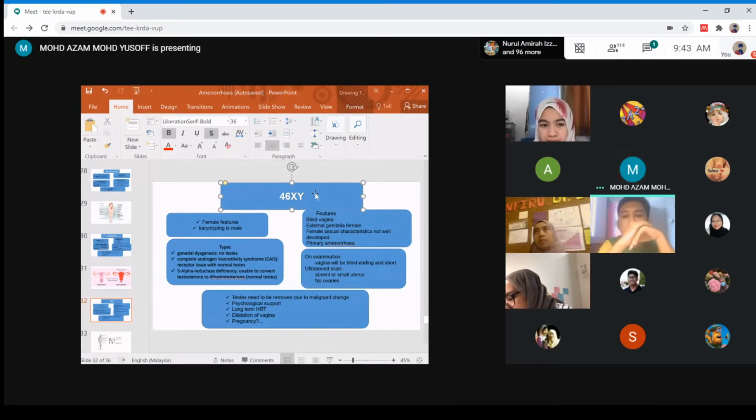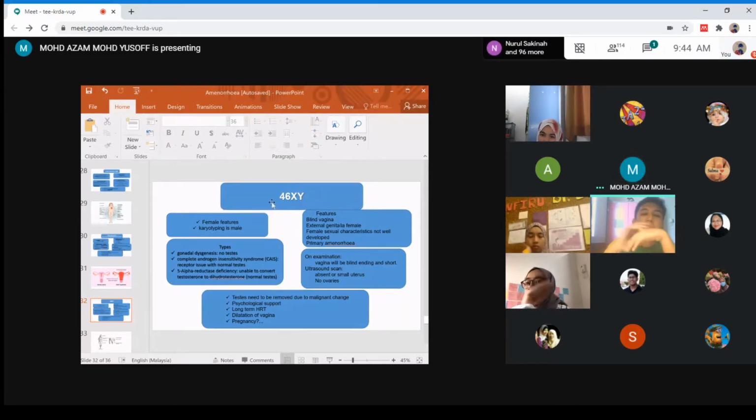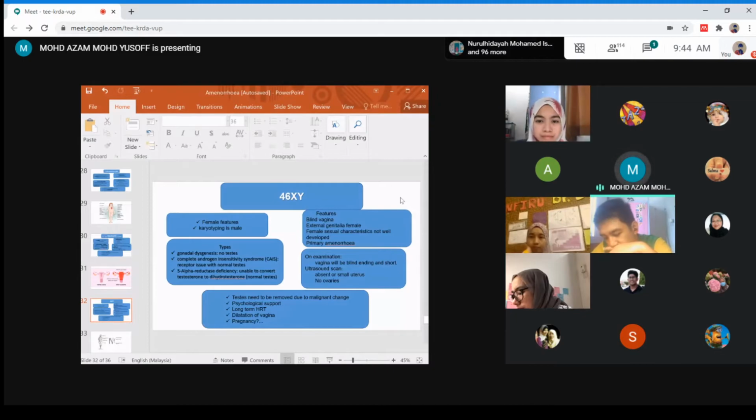Once a person has a Y chromosome, they will have testes. If there's no Y chromosome, they cannot have testes. So this patient actually has testes. But why do they become female? They are chromosomally men, but they become female. They have female features, but the karyotyping is male.